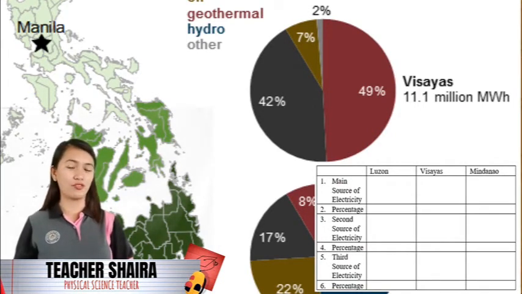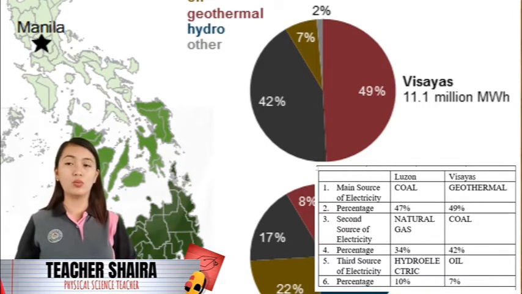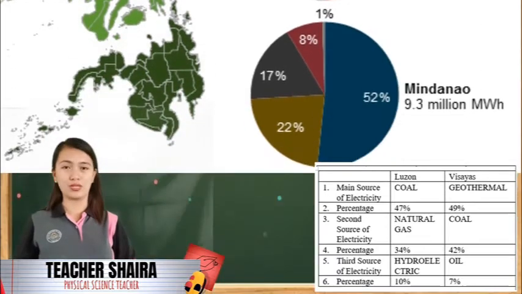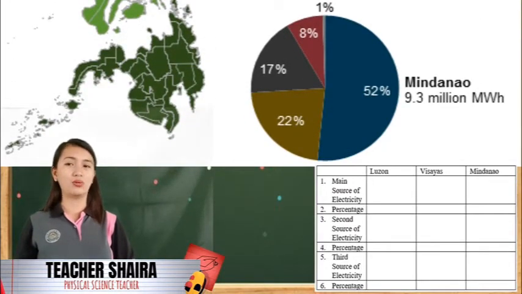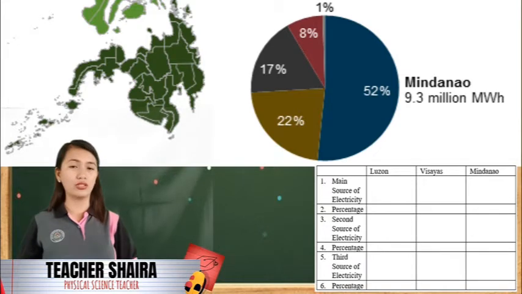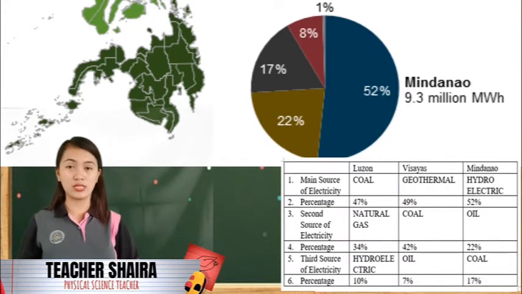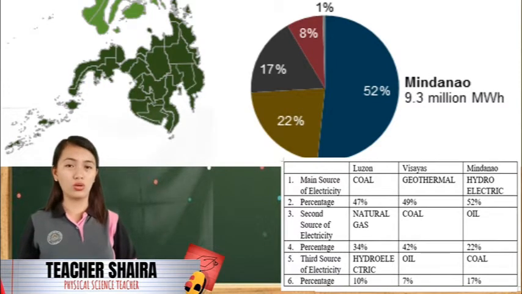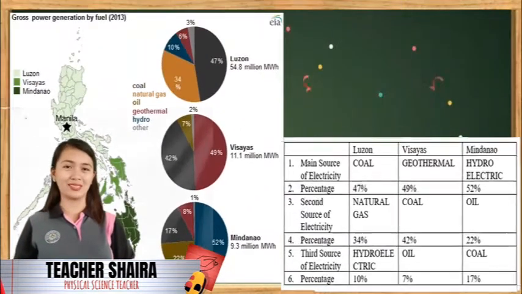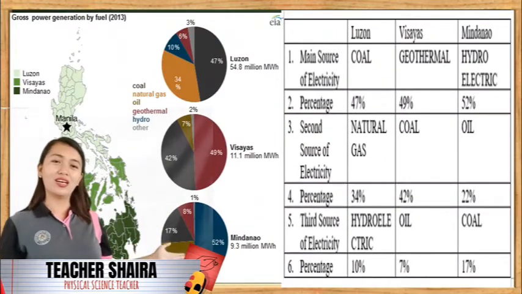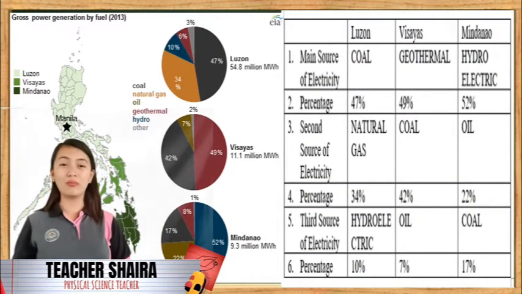Visayas' main source of energy is geothermal, which is 49%, followed by coal, which is 42%, and lastly, we have oil, which is 7%. For Mindanao, its main source is hydroelectric, which is 52%, and oil 22%, with coal, which is 17%. And these are the energy sources of the three main islands of the Philippines.